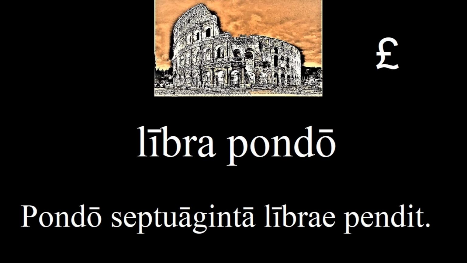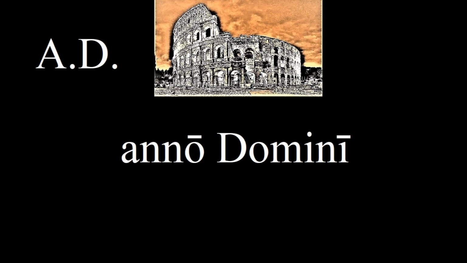There are many abbreviations used in English that have taken on an English meaning, even though the abbreviation was really derived from Latin. The most notable one is probably AD, which did not actually come from after death, but instead from Anno Domini, in the year of the Lord.